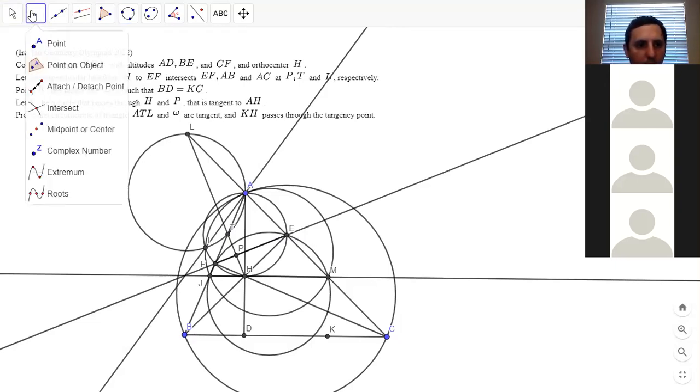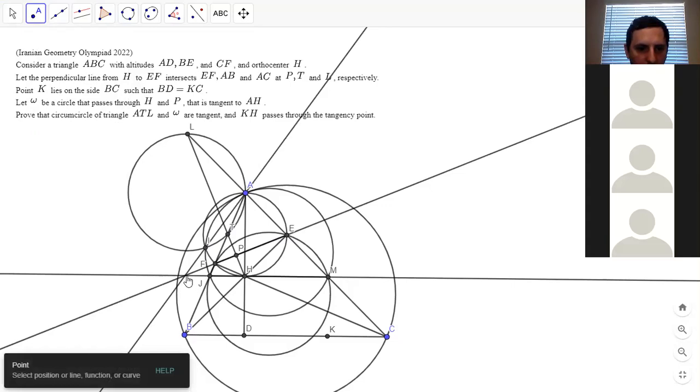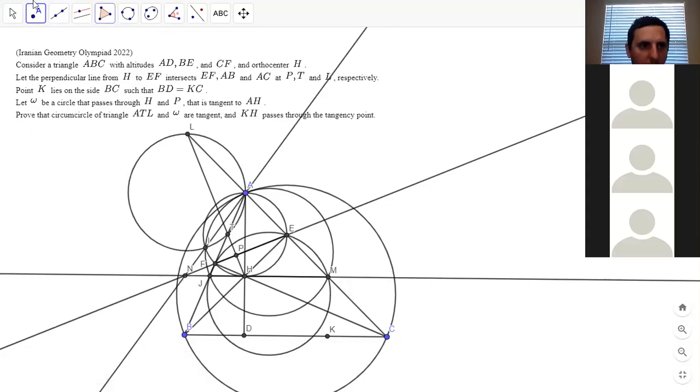And then maybe if we connect L with that point, maybe L, N, and B are collinear. Just a guess. I don't know if that's true. I don't think so.